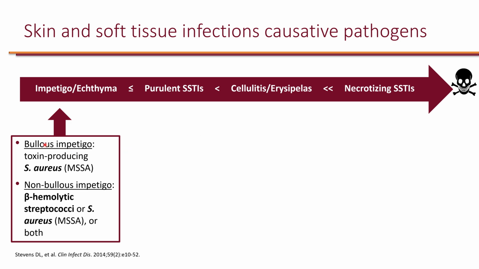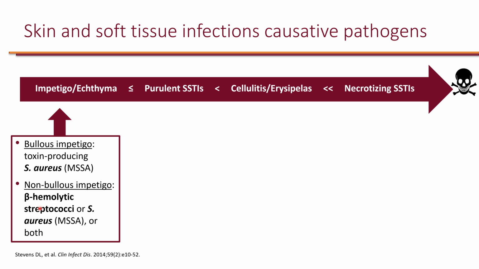Now, impetigo is broken into bullous and non-bullous impetigo. Essentially, the most common cause of bullous impetigo is toxin-producing Staphylococcus aureus, and most of these are actually MSSA, so we're not really concerned about MRSA specifically. Non-bullous could be due to beta hemolytic streptococci.